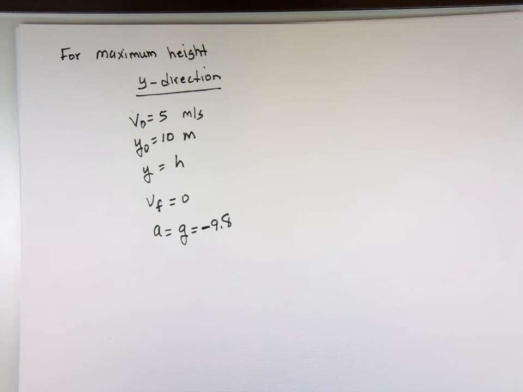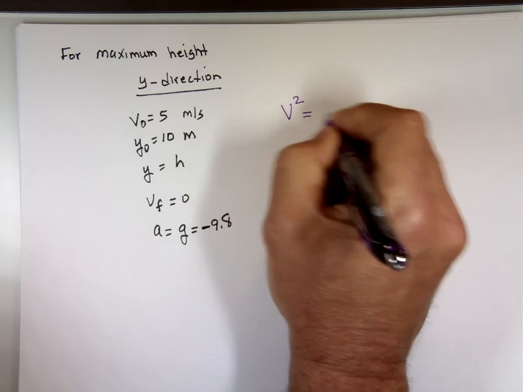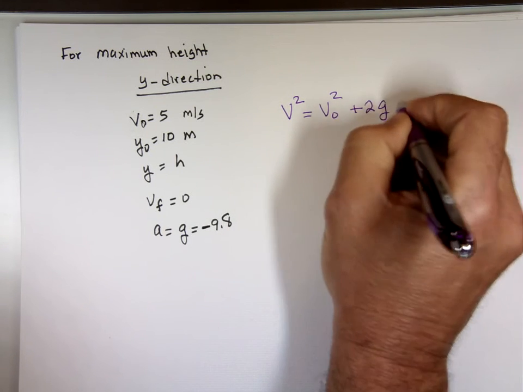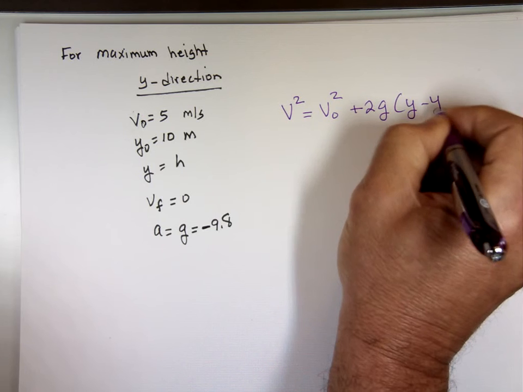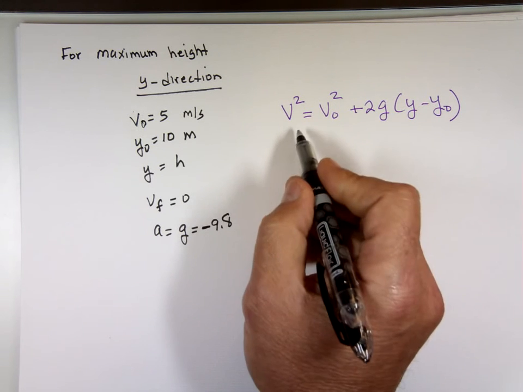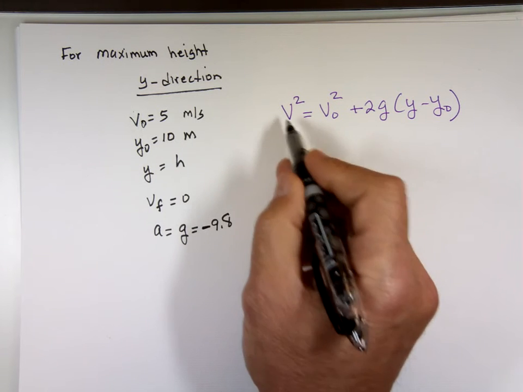How about that equation? V squared, final velocity, which is 0 squared, that's still 0.